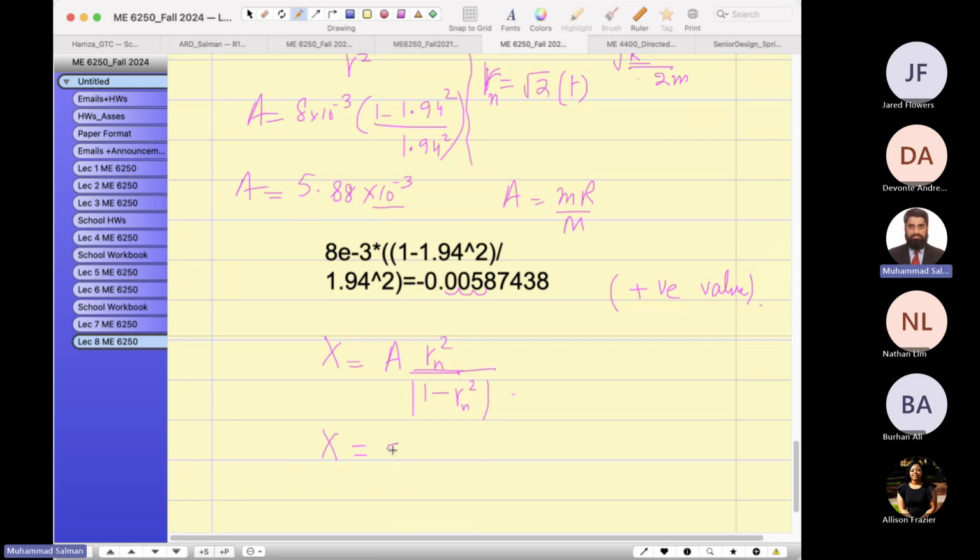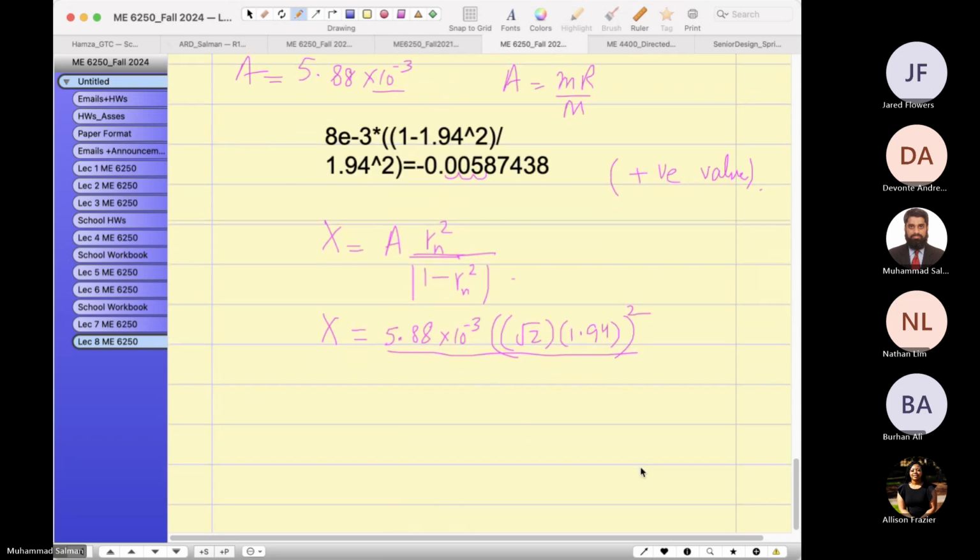If I write down 5.88 times 10 to the negative 3, R new is square root 2 times 1.94. So if I do the math here, square root 2 times 1.94 is 2.75.